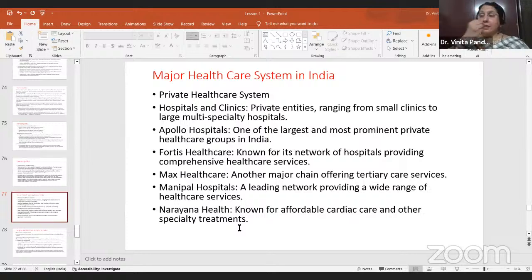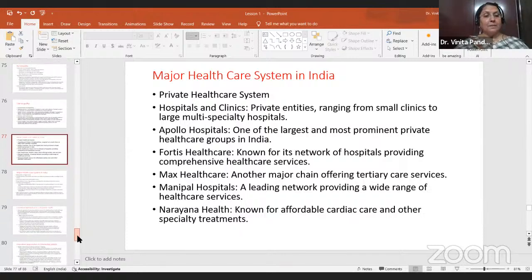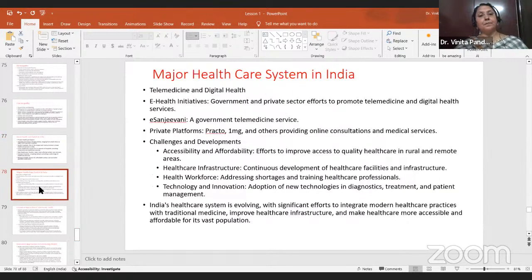And there are also many well-known, established hospitals which are categorized under the private healthcare system. Now, this is something we will discuss in slightly more detail, and that is why this topic will also go tomorrow.